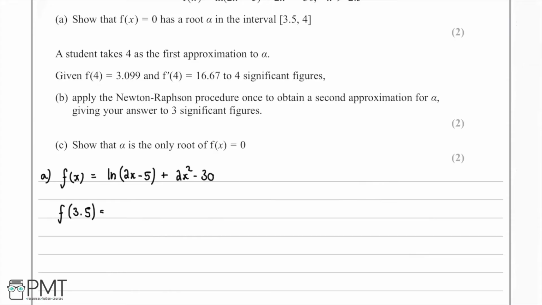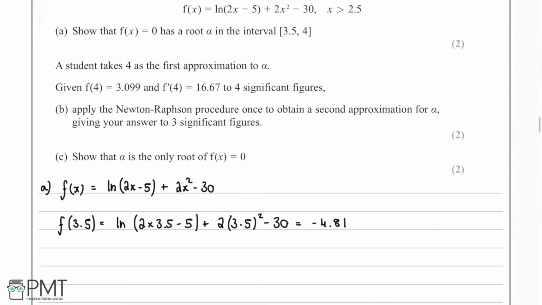So we do ln of 2 times 3.5 minus 5 plus 2 lots of 3.5 squared minus 30. Then if we put this into our calculator, it comes out at negative 4.81.